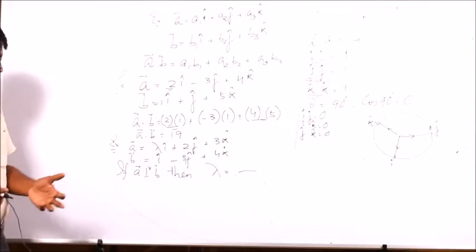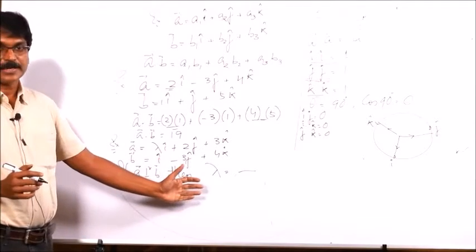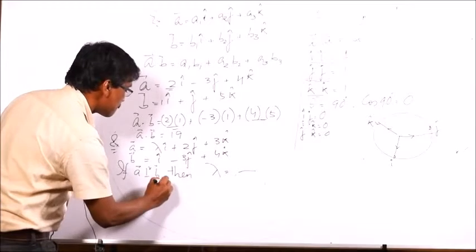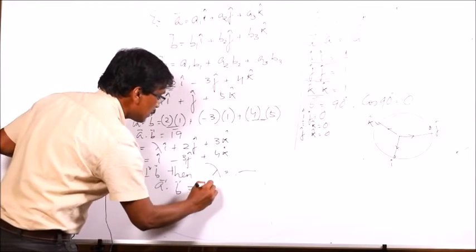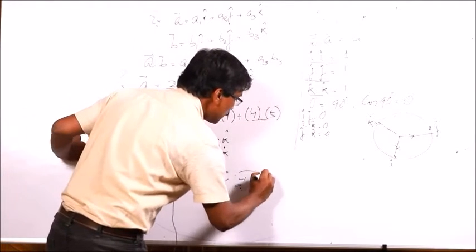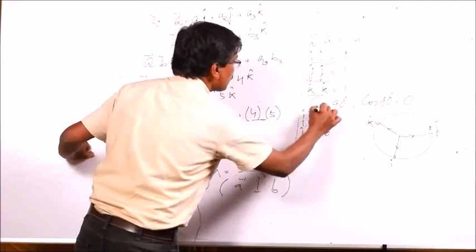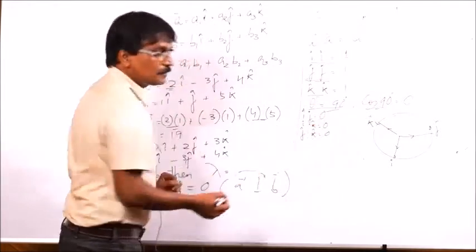So first, if A vector is perpendicular to B vector, it means A dot B is equal to 0, as theta is 90 degrees and cos 90 is 0.